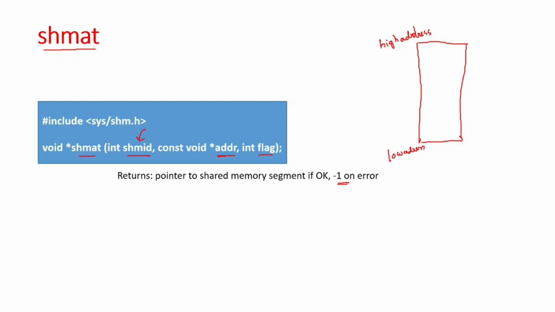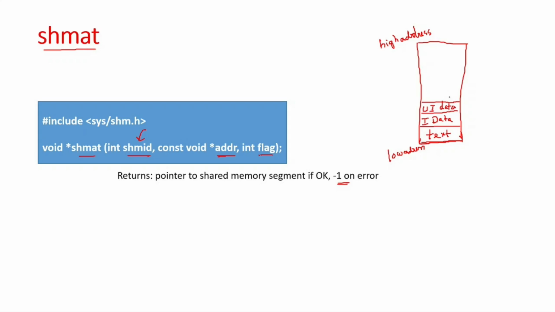This is the starting address of the process in memory. The lowest segment is for the text, and this is for initialized data, iData. On top we have uninitialized data. This is something that we have already learnt in operating systems.